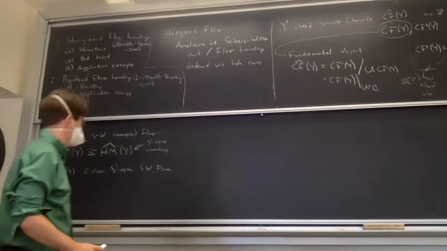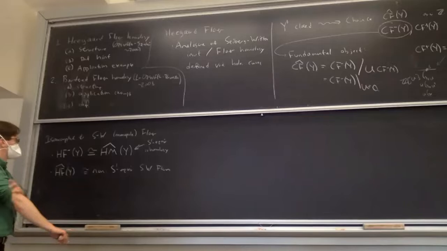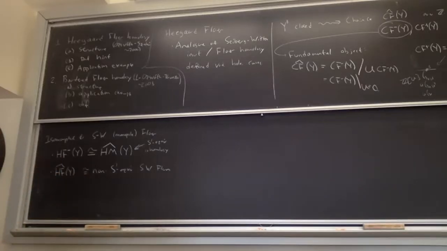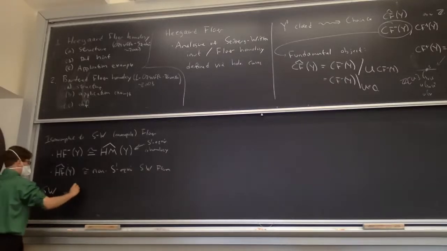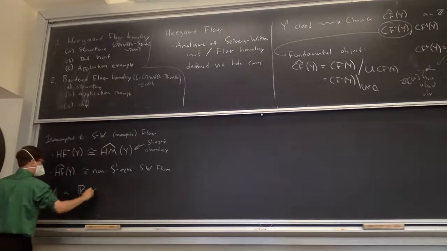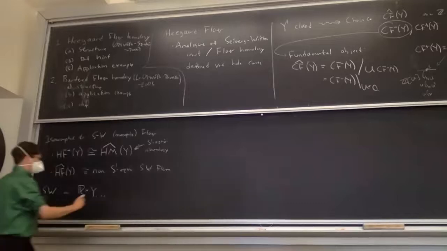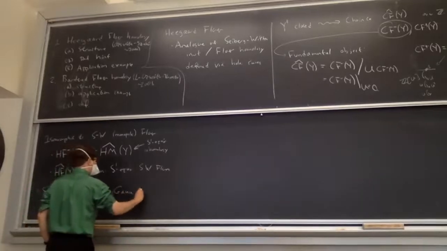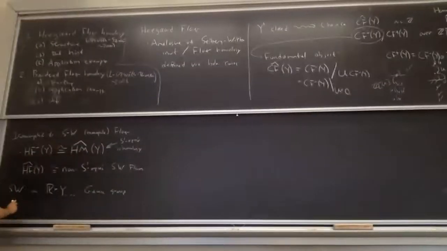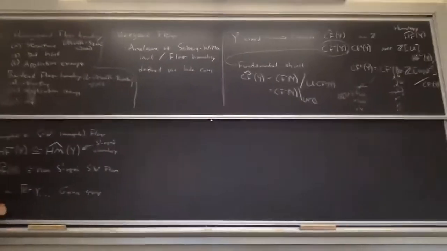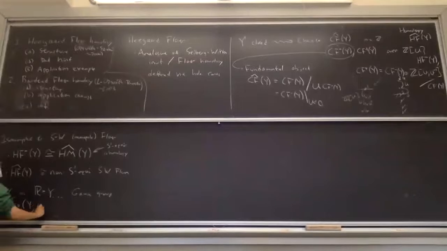So Seiberg-Witten Floer: you're studying the Seiberg-Witten theory on Y3 times R. So here there's a gauge group, which is like maps from Y to U1.